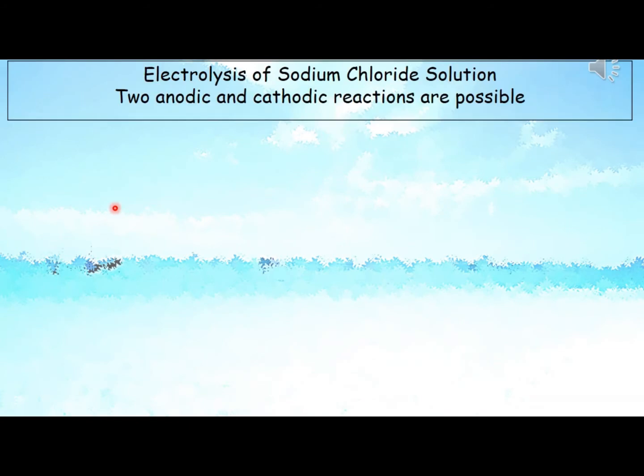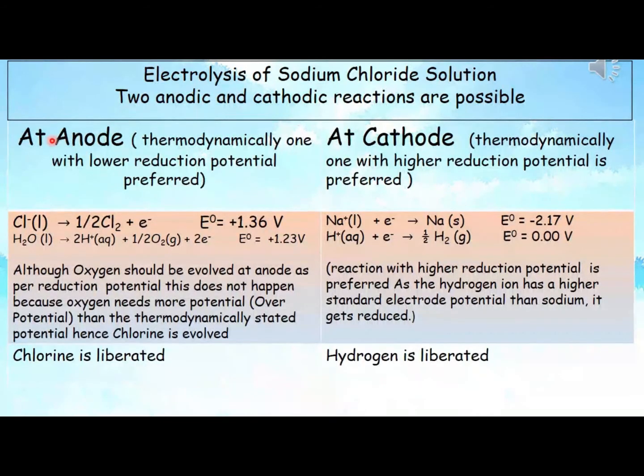Now let us look into the electrolysis of sodium chloride solution. In the case of sodium chloride solution, two anodic and cathodic reactions are possible. At anode, we know that oxidation takes place.